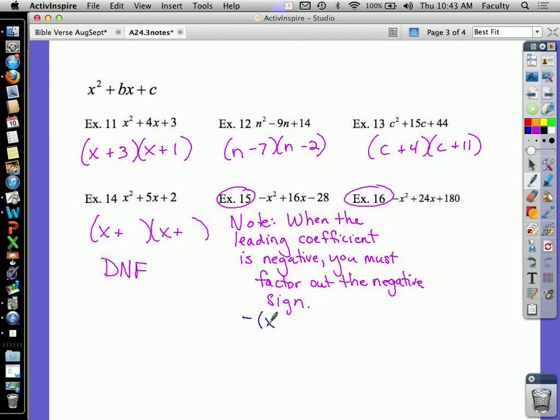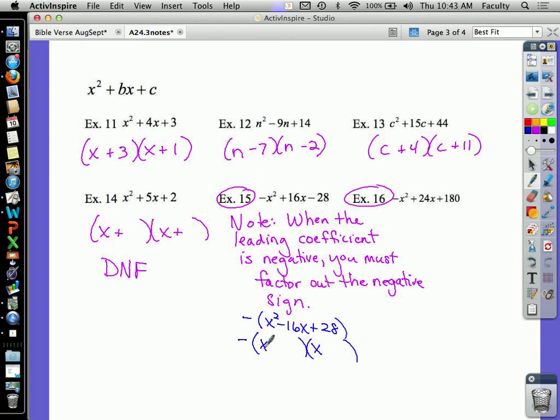So in example 15, watch what this does for me. If I factor out the negative, I have the quantity x squared. Notice it's a minus 16x and a plus 28. The signs flip. So now I'm looking for, it's definitely not a perfect square trinomial.